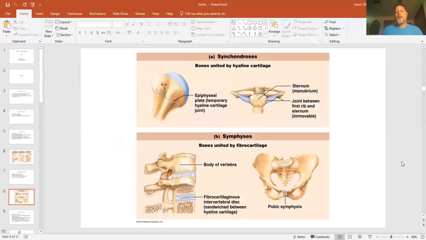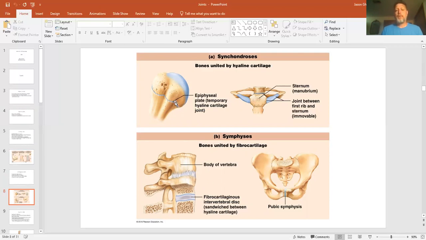Examples are, the first one is up here with the first rib, behind the clavicle. There's a little bit of movement with your rib cage and your sternum. That's why you can take a deep breath, move your arms and everything up and collapse down. And then in your spine, okay, because that's the synchondrosis.